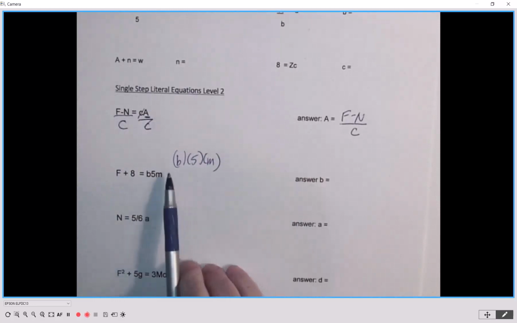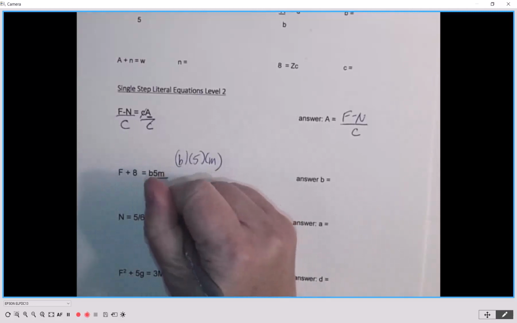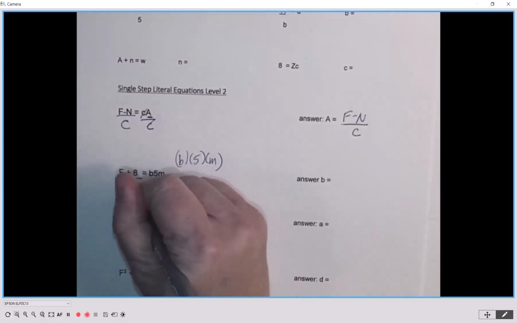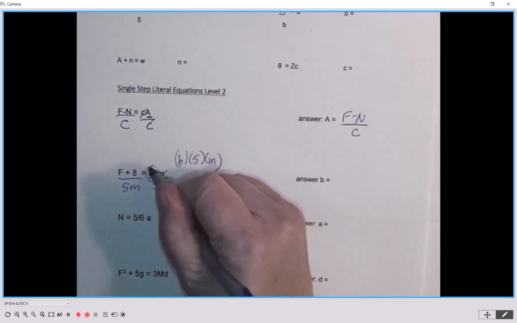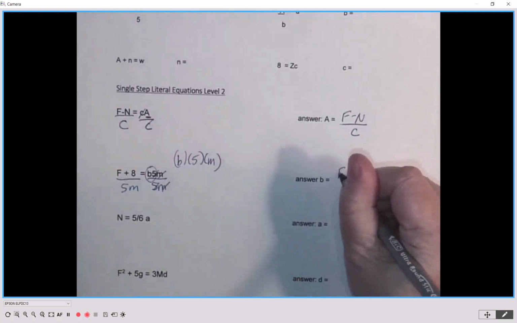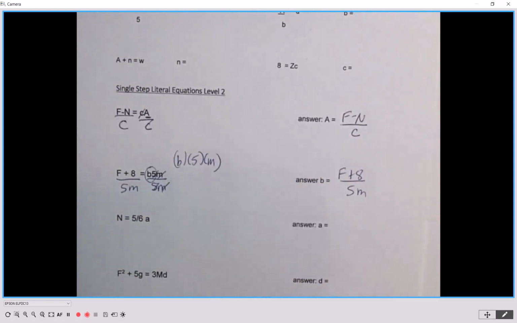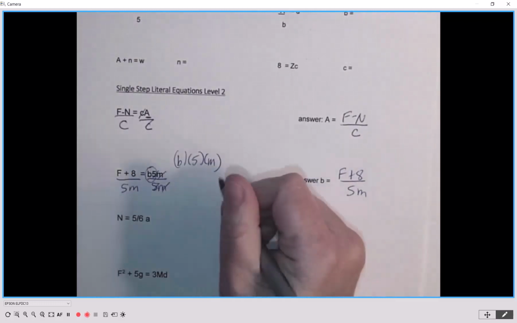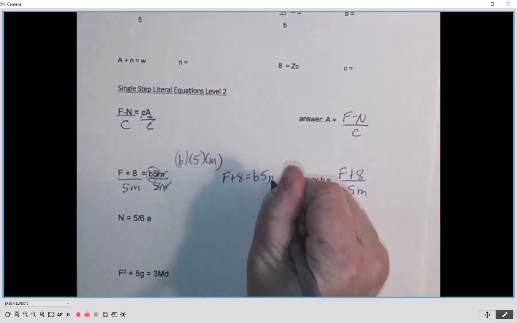All right, so I want to get rid of the 5 times m, so I'm going to divide both sides by 5m. Once I do that, I cross out the 5, I cross out the m, and I'm left with just the b over here. So b is equal to f plus 8 over 5m. You could have done that in steps if that was too much to do at one time.